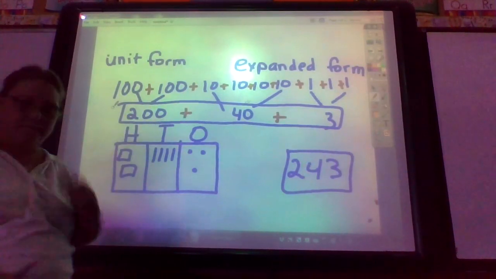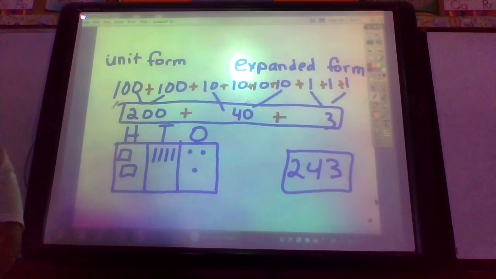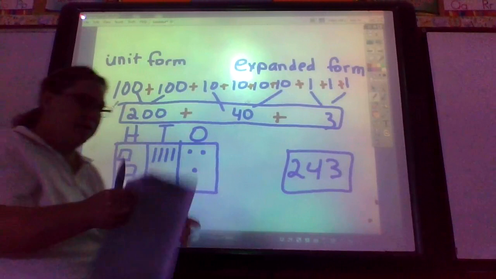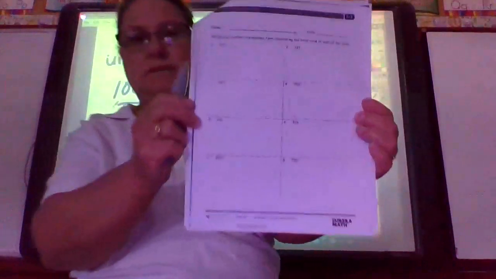Okay, well, let's do our problem set, because that's what they're asking me to do in the problem set. So, let's go to your problem set. Your problem set looks like this today.